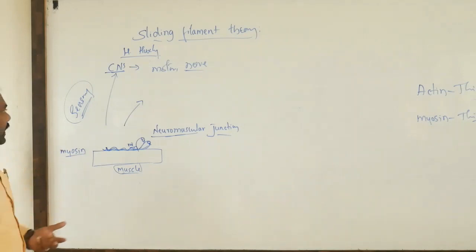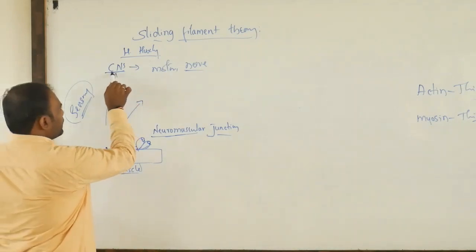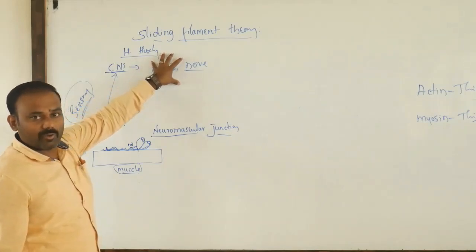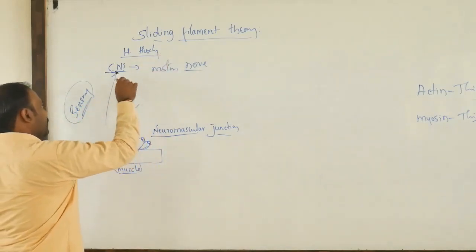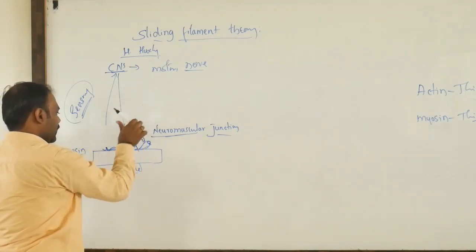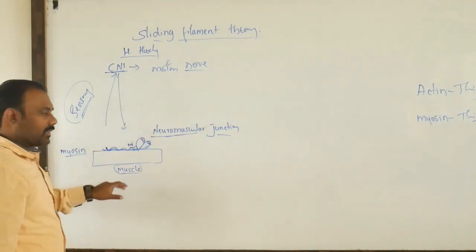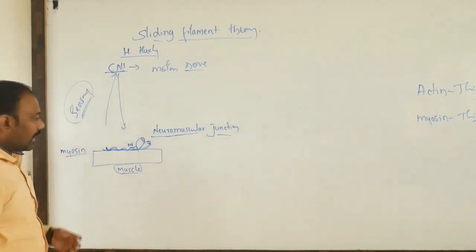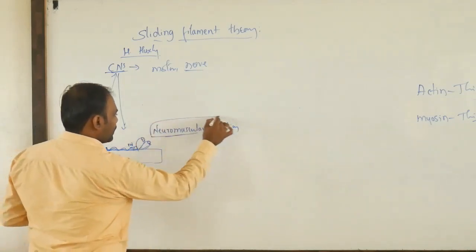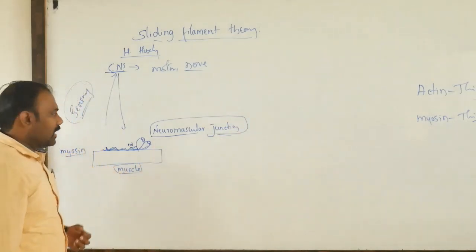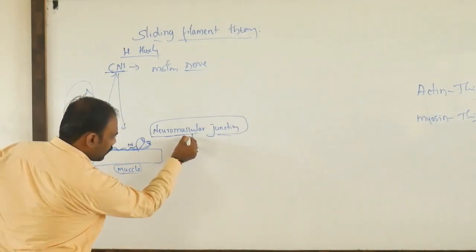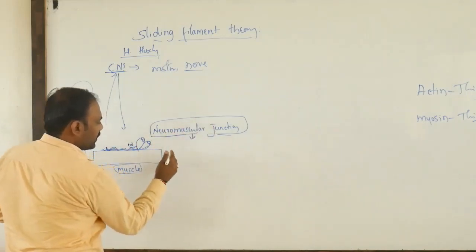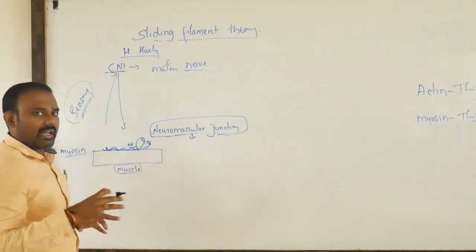In response, the central nervous system sends a message in the form of a motor neuron to the particular organ, that is the muscle. Now there must be what is called the neuromuscular junction. Now this neuromuscular junction, just remember, very important words are here. Soon after, this neuromuscular junction is going to release a neurotransmitter.